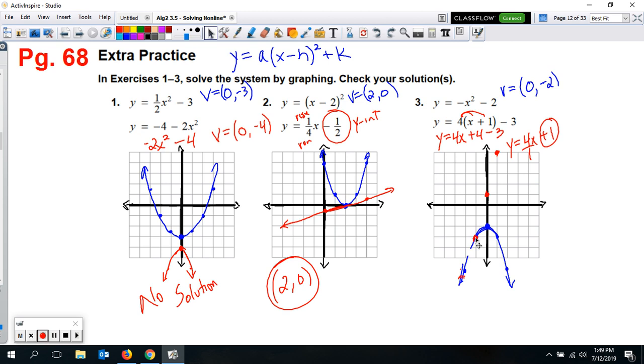So I already showed you that's going to be a red point. That's going to be an intersecting point right there. If I go down 4, right 1, that's the same point. So we can draw our line right through that point there. So that is the intersection. So it's going to be (-1, -3) for the answer to this problem. (-1, -3) is the point of intersection. So just one answer because it only touched the graph in one place.